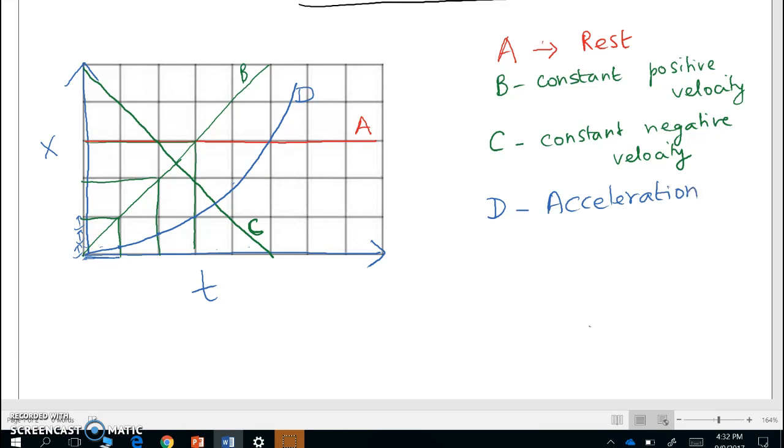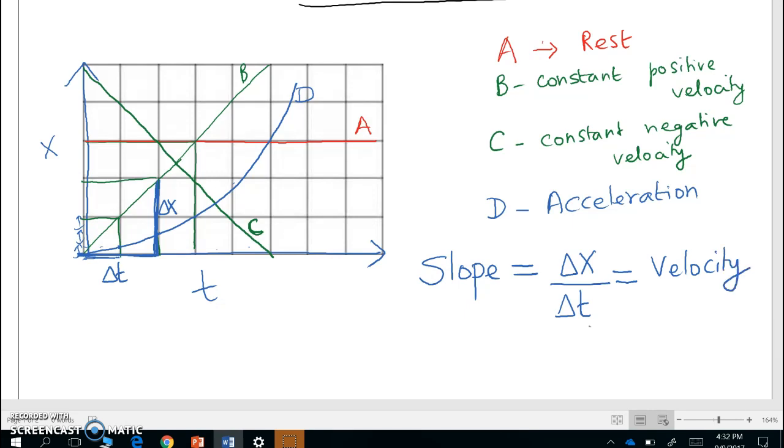We can summarize all of this by a single concept: the slope in a position time graph. We know that slope always stands for rise over run, and the rise here represents the change in position, the run here represents the time. So the slope of a position time graph represents change in position over change in time, which we know is velocity.